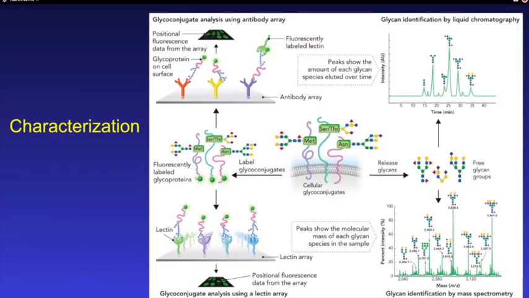Now, how in the world do we look at sugars? It's really, really complex because on the outside of cells, we have this informational sugar branching.